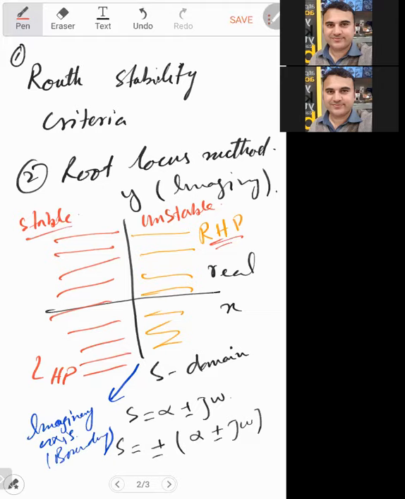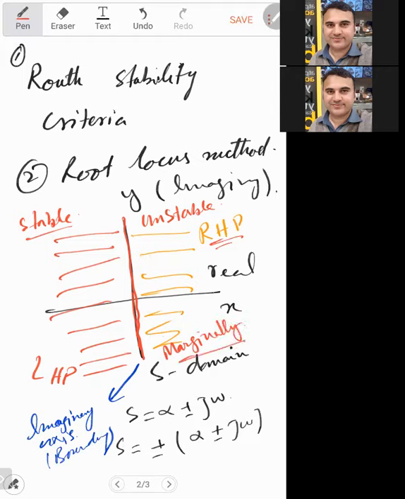And if we are at the boundary, on this imaginary axis, the boundary of the left half plane and the right half plane, then this is called a marginally stable system.